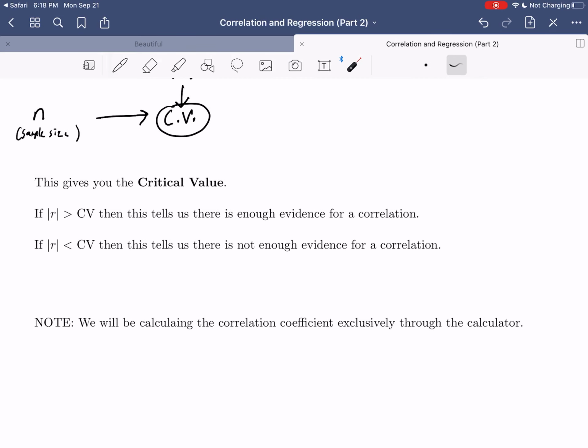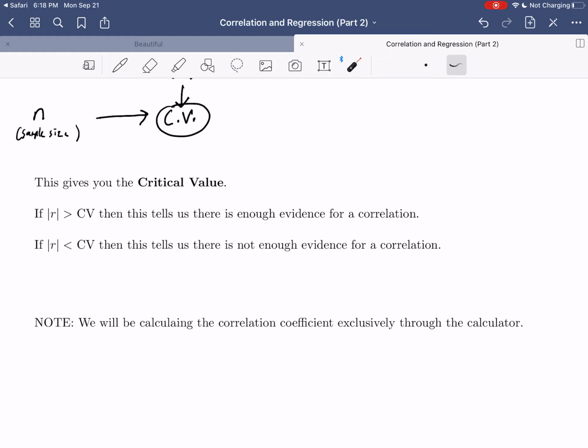All right, as a final note here, you might be asking yourself, how do we actually calculate this correlation coefficient? Now we know how we're going to use it, but how do we actually get it? Well, we will be calculating the correlation coefficient exclusively through the calculator. There is a separate video for how to make use of a TI brand calculator and calculate the correlation coefficient. I would recommend pausing this video now and watching that one.